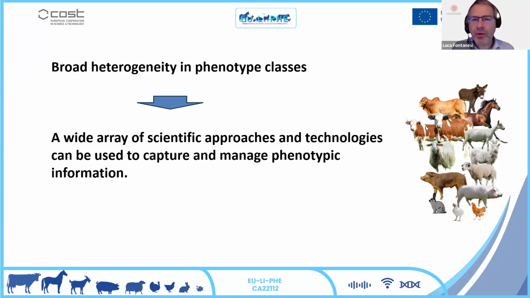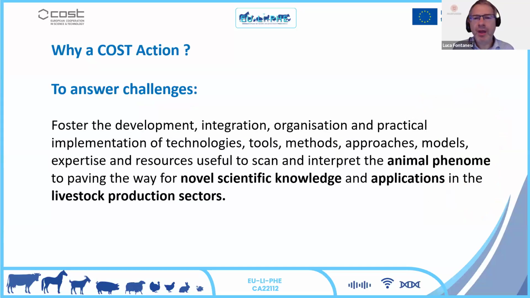What is the purpose of the breeding? Where the animals are raised, how they are raised, why they are raised. So there is a wide array of scientific approaches and technologies that can be used to capture and manage phenotypic information. This is clear. There is quite a large complexity in this context.